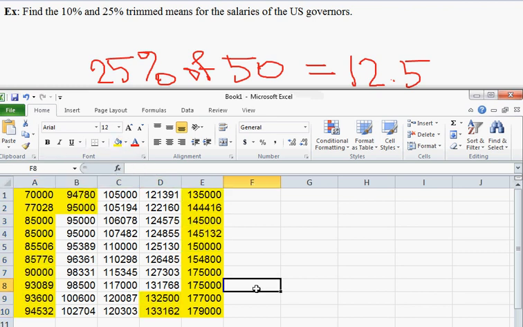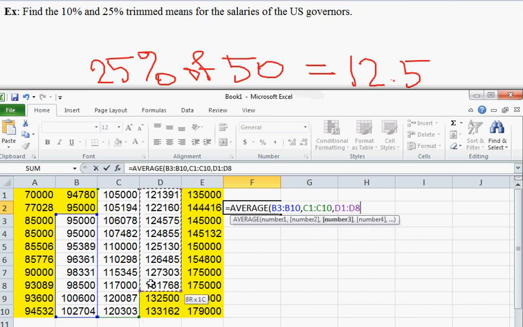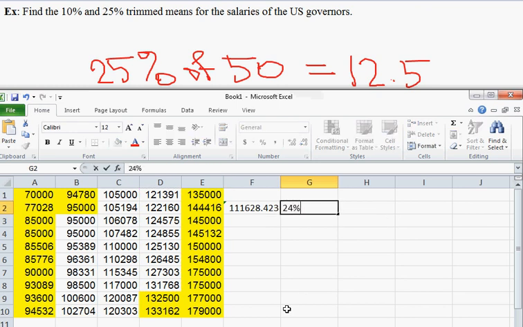The ones in yellow I will ignore. The ones that I will calculate are in white. So the average of these 8 numbers, as well as these 10 numbers, as well as these other 8. This average is the 24% trimmed mean.